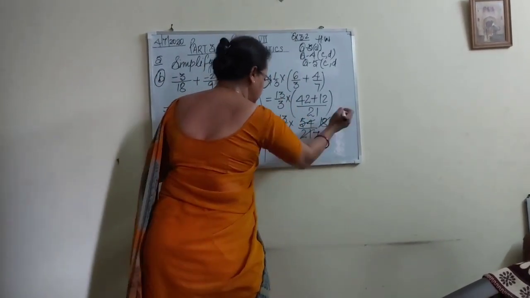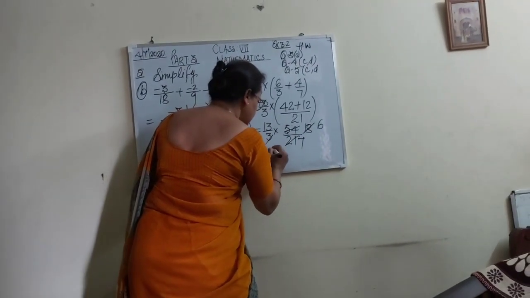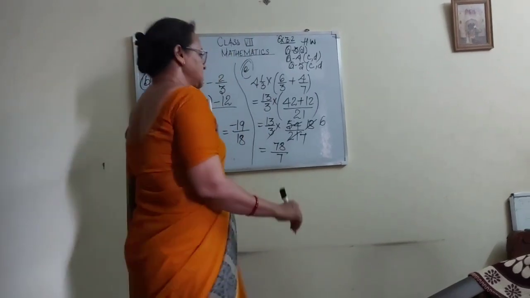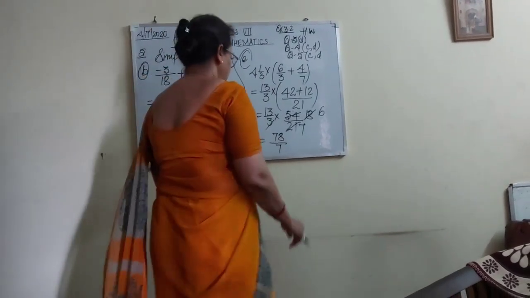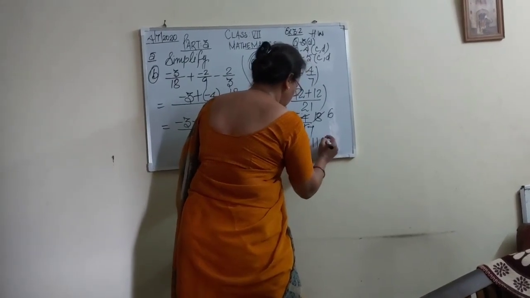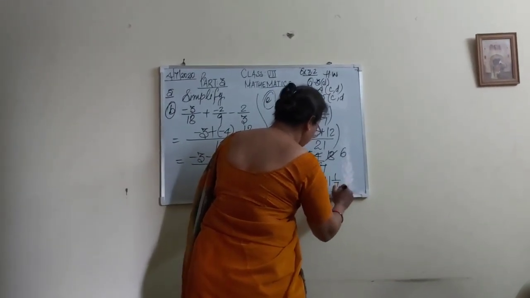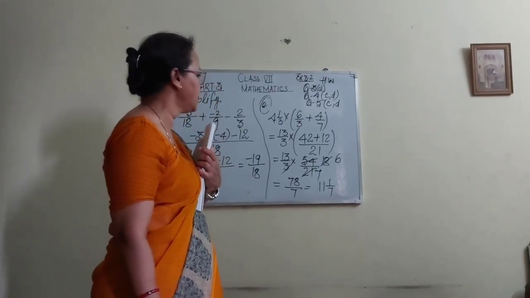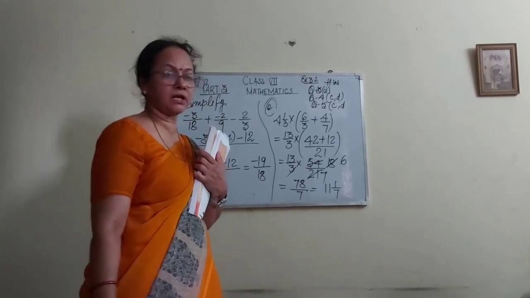So 13 6s are 78 by 7. That is 11 1 by 7. 11 7s are 77 plus 1, 78 by 7. I hope you understood the question.